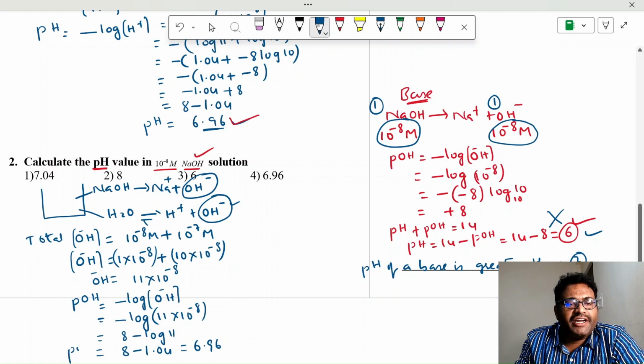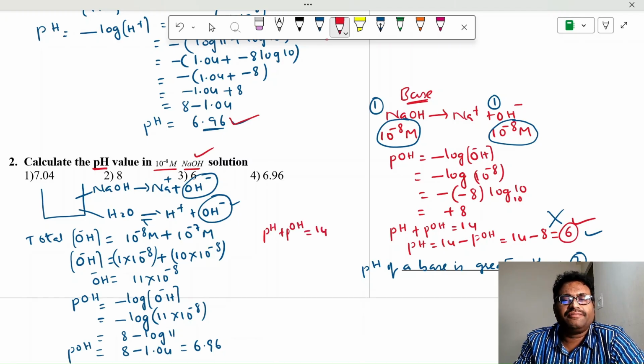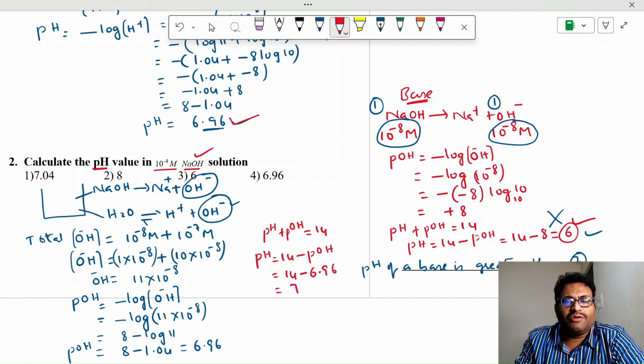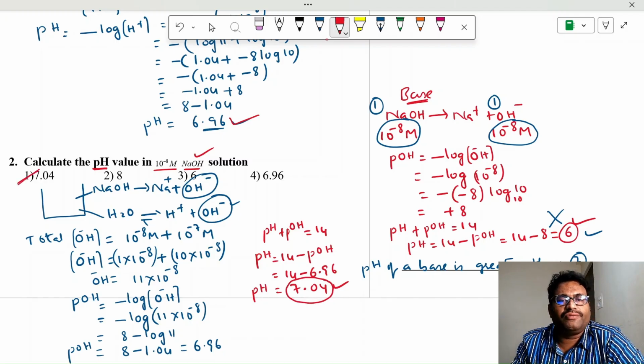We know that pH plus pOH is equal to 14, so pH is equal to 14 minus pOH, that is equal to 14 minus 6.96, that is equal to 7.04. So did we get pH greater than 7 or less than 7? Greater than 7. The answer will be 7.04.